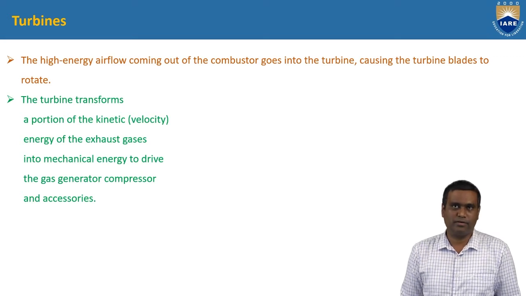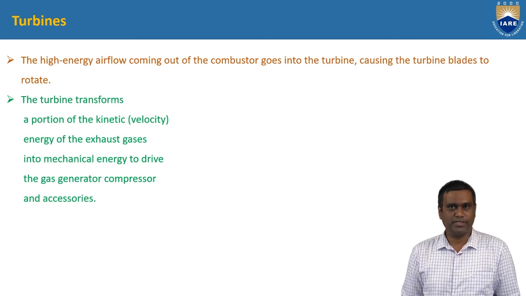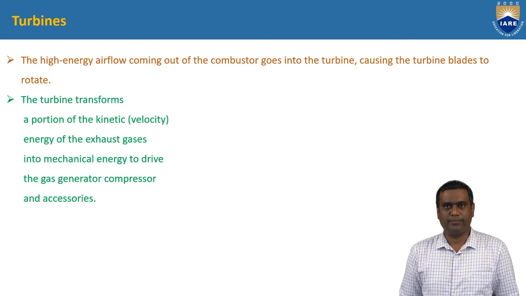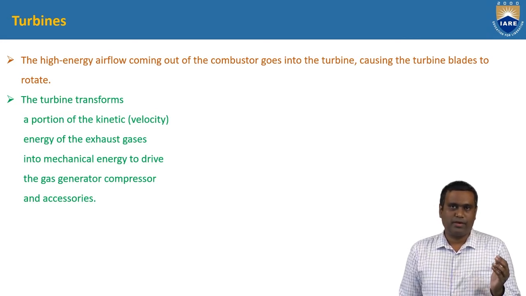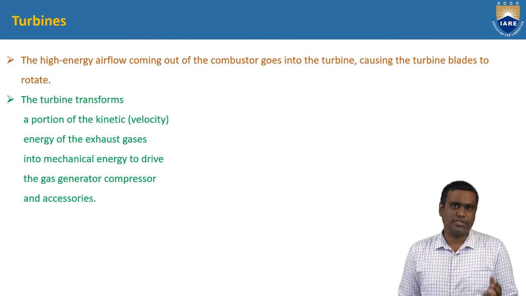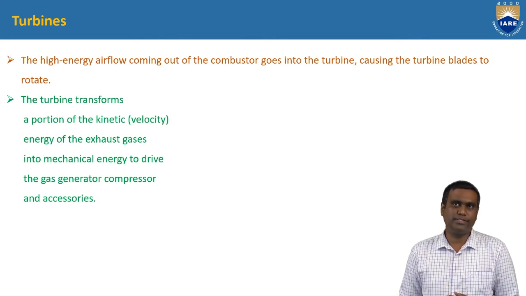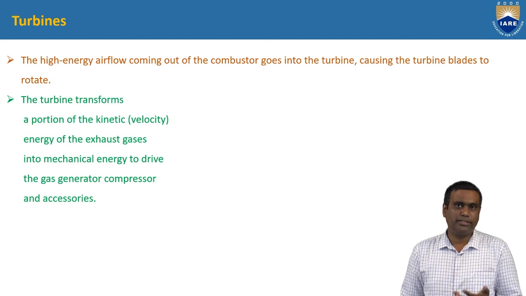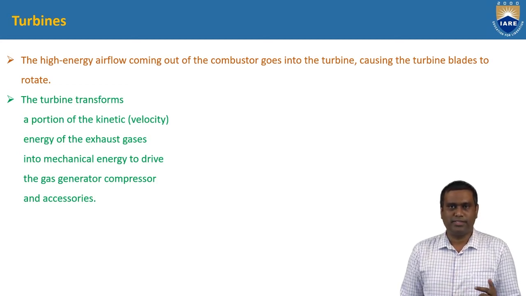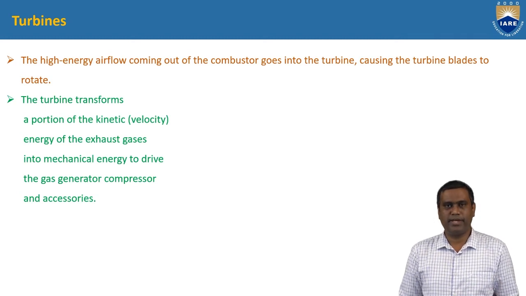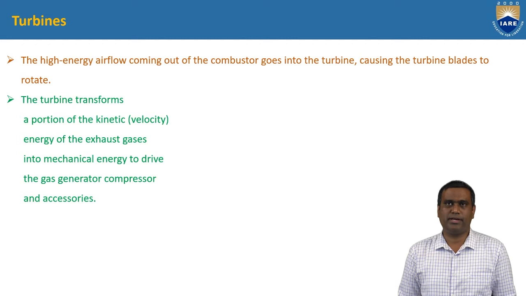The next major component of a gas turbine engine is the turbine. The exhaust of the combustion chamber flows through the turbines and rotates the turbine blades, and thus the turbine extracts part of the energy, which is used through the shaft to run the compressor as well as the inlet sections.